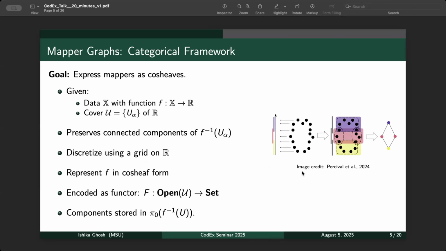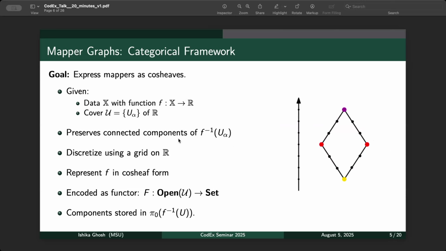Okay, to lay the groundwork, we first express these mapper graphs as co-sheaves. We have the data set, the topological space, for example here the point cloud, and a real valued function, and we also start with an overlapping cover on R. What mapper essentially does is preserve the connected component information of the inverse image of these cover elements.